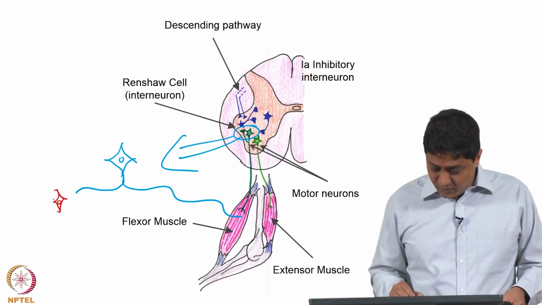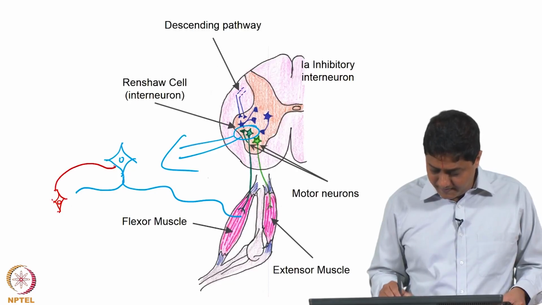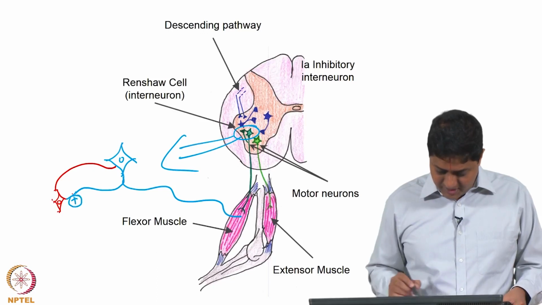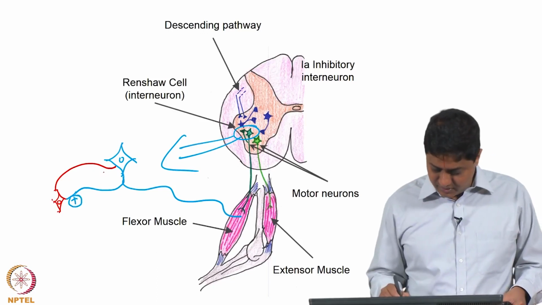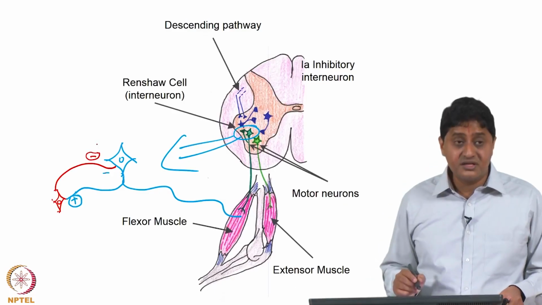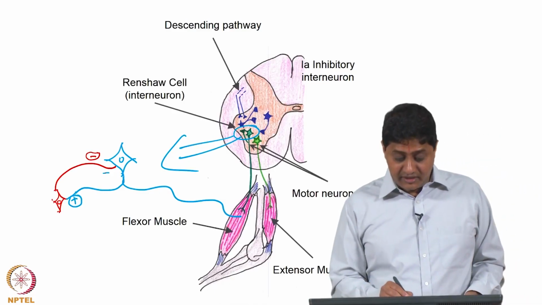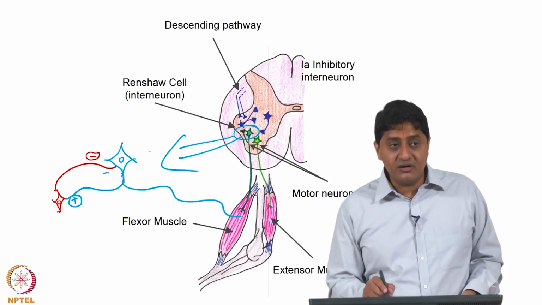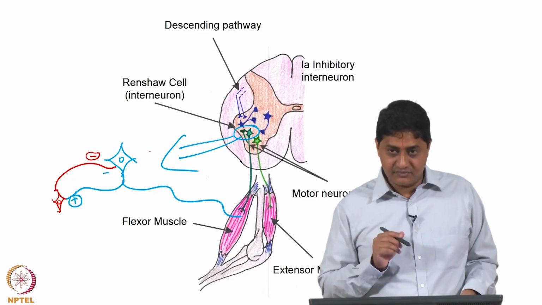Which inhibits itself. This is a plus and that is a minus. In other words, this motor neuron activates this interneuron, which inhibits the motor neuron that activated it.